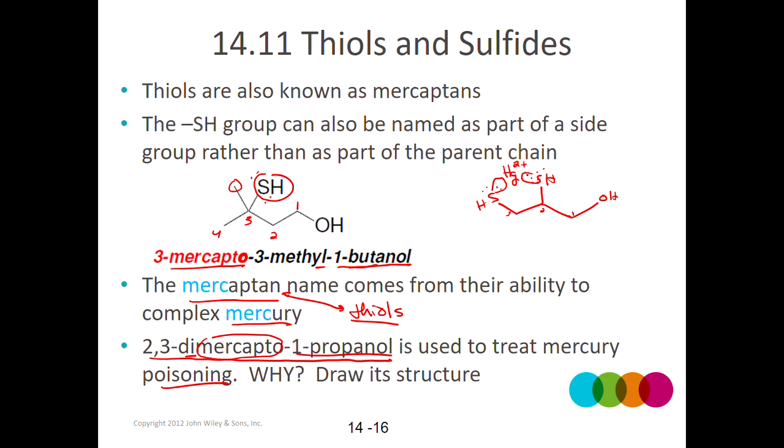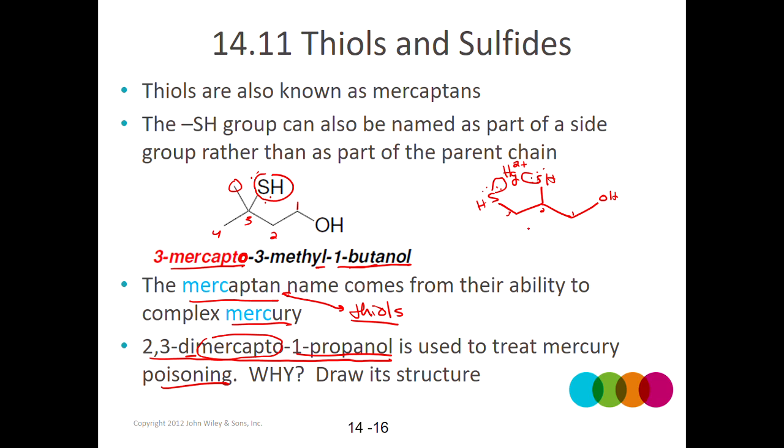Usually if you have mercury poisoning, it's because of mercury ions, and those can find specific sites in your proteins to bind and cause the proteins to fold improperly or block out their active sites so they're not able to catalyze reactions in the body the way they should, and that can cause a lot of health problems.